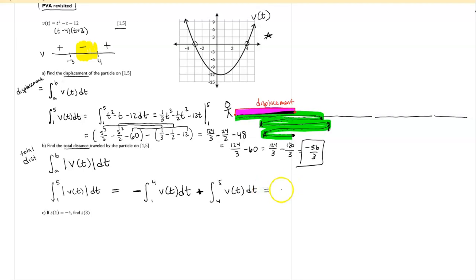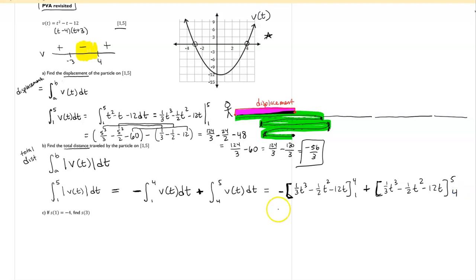So that would be negative, we did that antiderivative already, 1/3 t cubed minus 1/2 t squared minus 12t from 4 to 1, plus our antiderivative 1/3 t cubed minus 1/2 t squared, I forgot my squared over here, I apologize, minus 12t from 5 to 4.